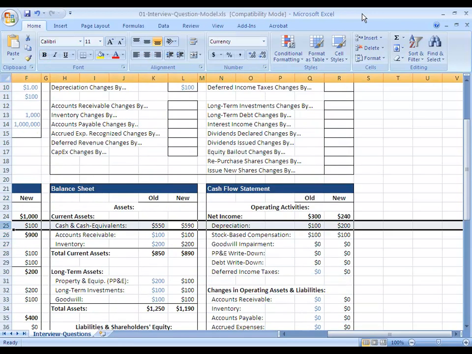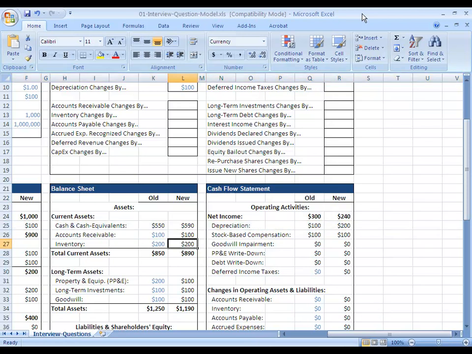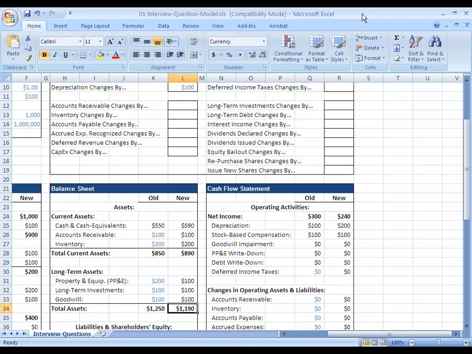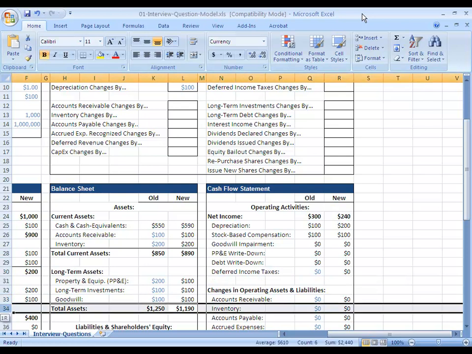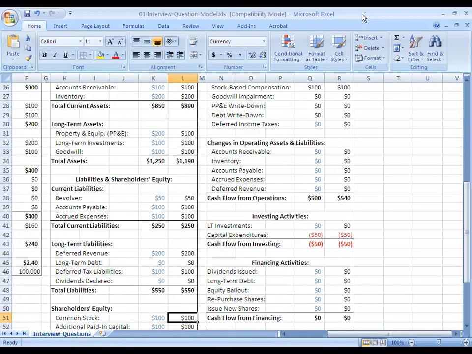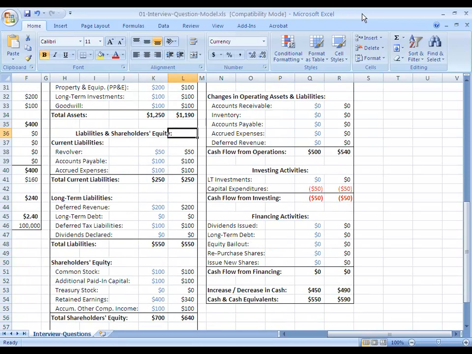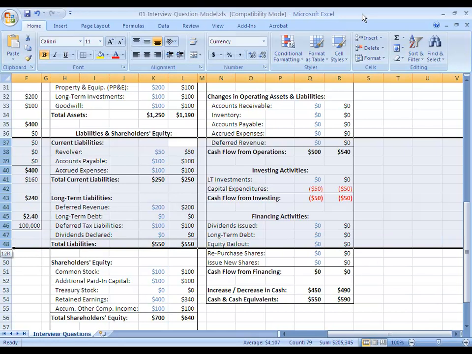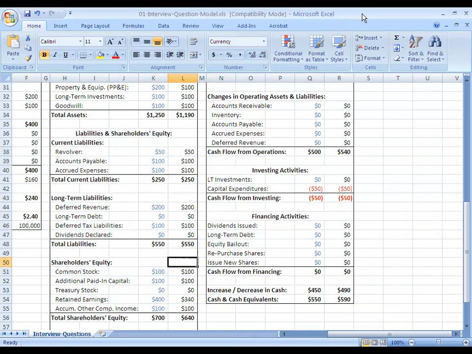Now, on the balance sheet, on the asset side, cash is up by 40, and then plant, property, and equipment, PP&E, is down by 100, because this depreciation expense of 100 is directly reflected in the net PP&E number here. So overall, our total assets are down by 60 in this case. Now, on the liabilities and shareholders' equity side, there are no changes to the liabilities accounts because depreciation does not affect any of our liabilities.